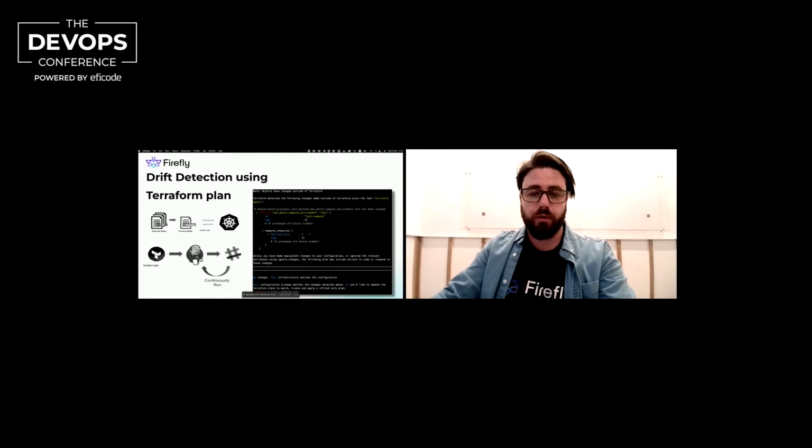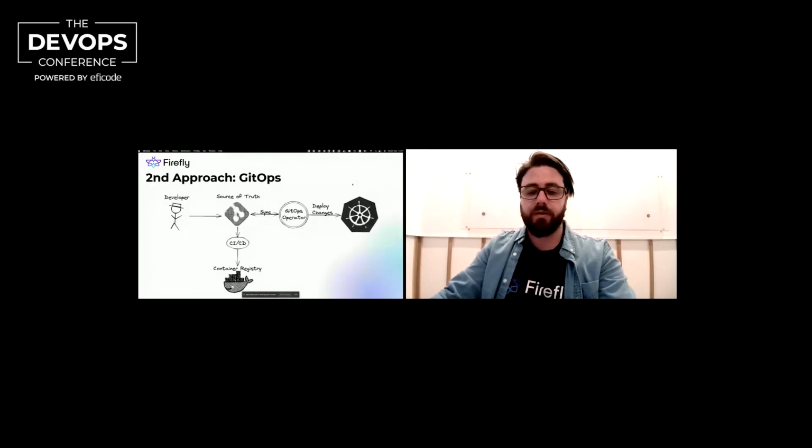Another approach is to use GitOps. So GitOps, in a nutshell, is basically declaring the Git repository as the source of truth of the deployment, and having a GitOps operator running in your Kubernetes cluster that is basically reconciling the state of the cluster with what you have in Git.